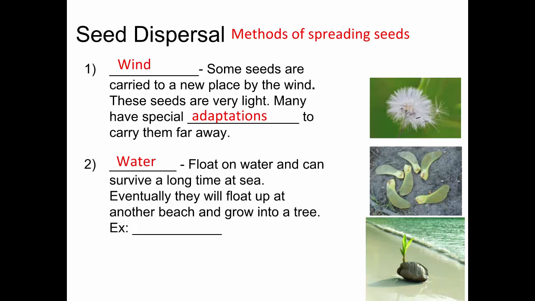Some plants even use water as a means of seed dispersal, like a coconut. Coconuts fall into the water, float away, wash up somewhere else, and a new plant starts to sprout out of that coconut, and it's their means of seed dispersal.